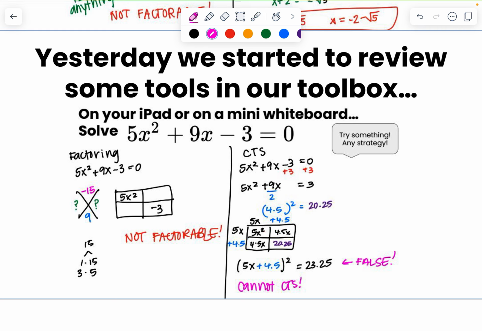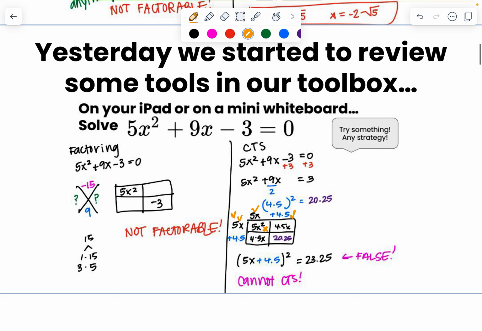But if you look on the outside, and I'll use orange to check, right? 5x times 5x is not 5x squared. It's actually 25x squared. Even further, 5x times 4.5 is not 4.5x. That's crazy. 4.5 times 5x, also not 4.5x. 4.5 times 4.5, that is the only thing that is actually valid, right?